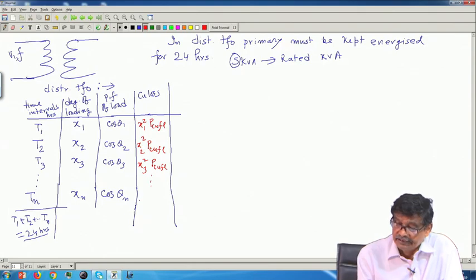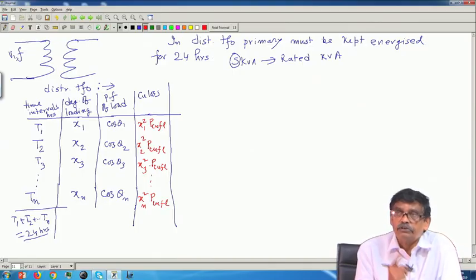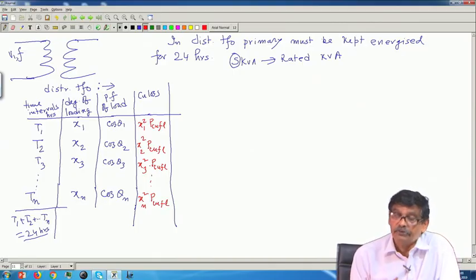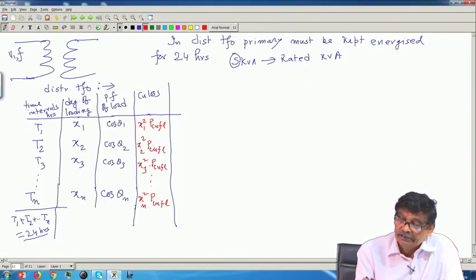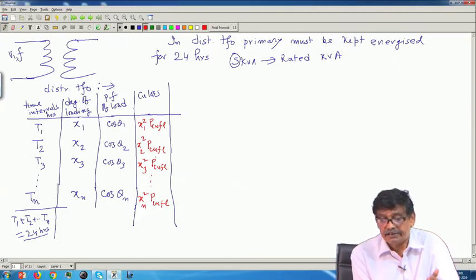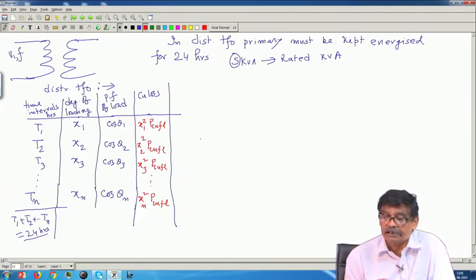In this way, this is xn square P copper full load. P copper full load is constant. At full load condition, what is the copper loss, which I get from short circuit test data. So, this is the copper loss at various time intervals taking place.